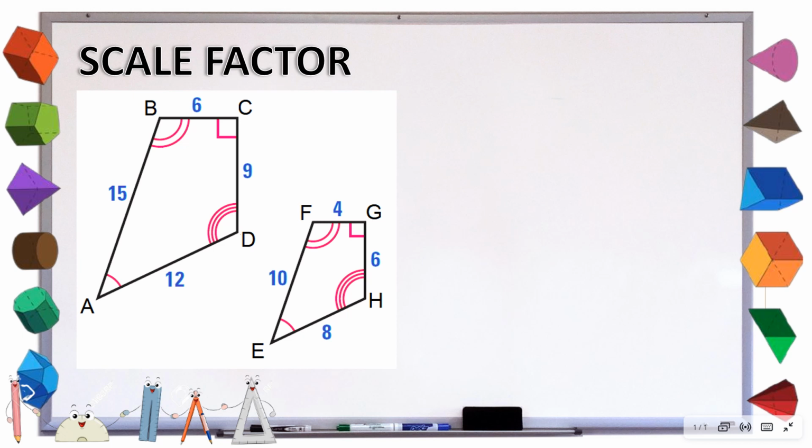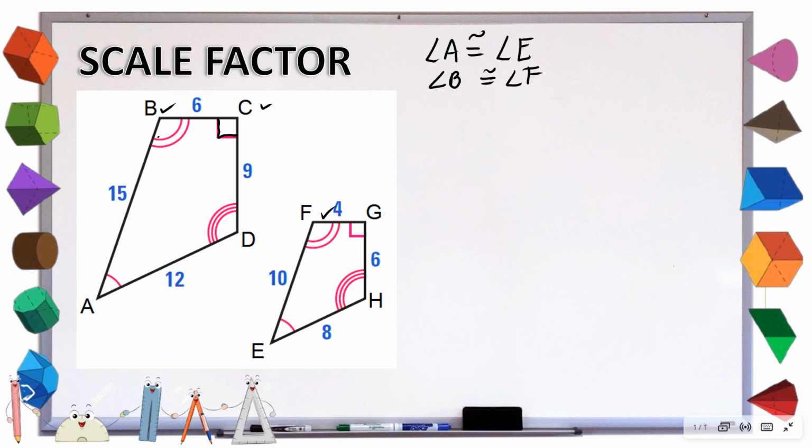Okay, so let's have the finding of the scale factor. We have here given angles which are congruent. Let's have the congruent angles first. Angle A is congruent with angle E. Another pair, angle B and angle F: angle B is congruent with angle F. This means that they are right angles.